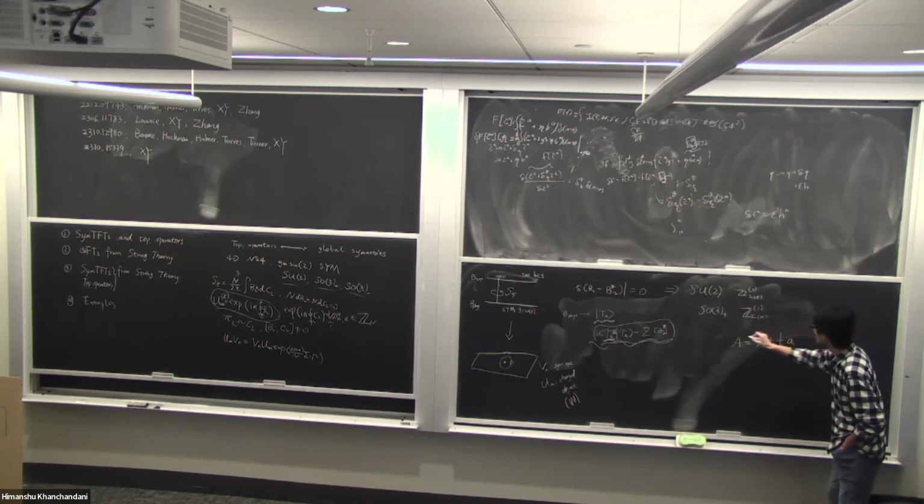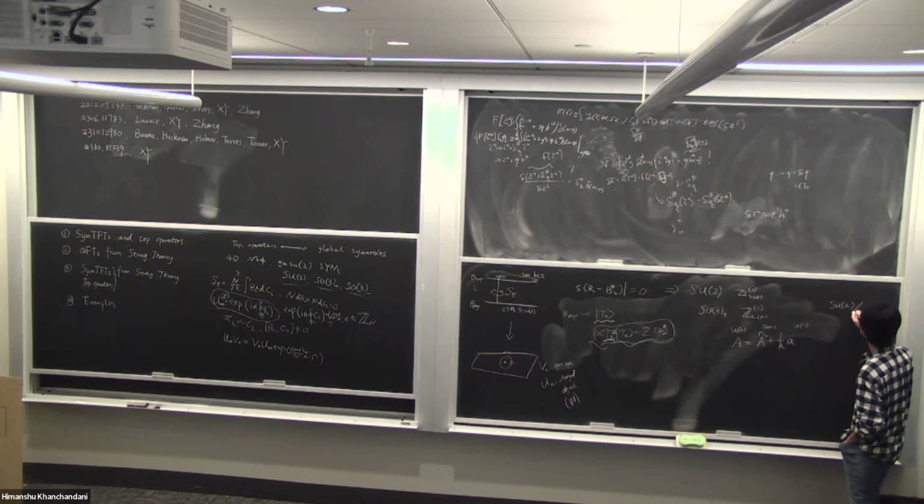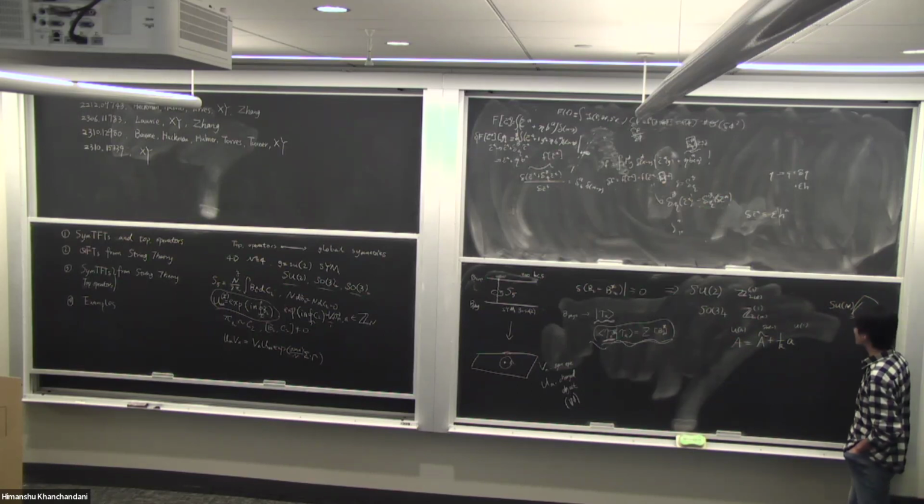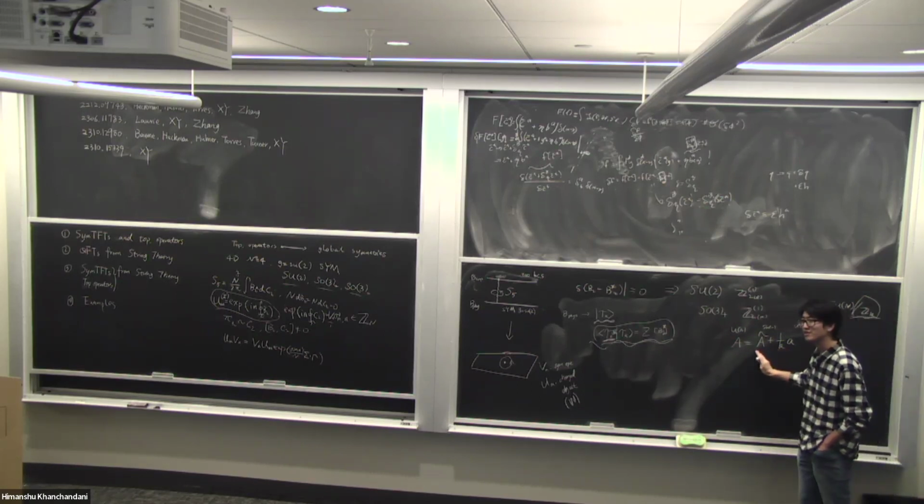I think it's basically if you have a UN, this is SUN, this is a U1. You try to write a theory with SUN on ZK. So what you would like to do is try to make sense of the gauging of ZK purely in 4D.